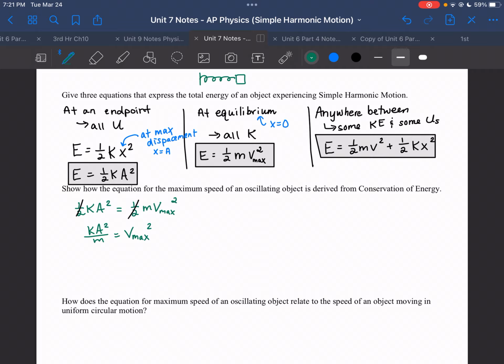Now, if you take the square root of both sides, we know that the max velocity is equal to the square root of k A squared over m. Well, the A I can just pull out to the front if I so choose, and I have the amplitude times the square root of k divided by m. That is my equation for the max velocity.